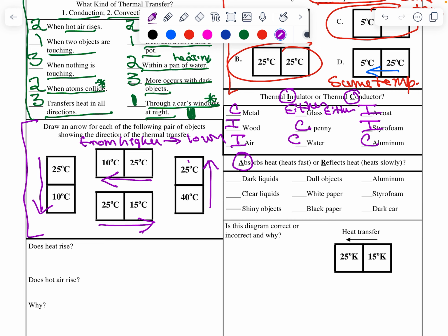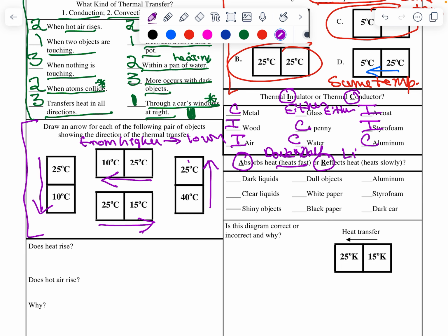Next, we're going to label A for absorbs heat, heats up quickly, or R for reflects heat, heats up slowly. Anything that's dark or dull will be an absorber: dark liquids, dull objects, black paper, and a dark car. If it is shiny, oh, I did that wrong. My bad. Absorbs heat, that would be dark and dull.